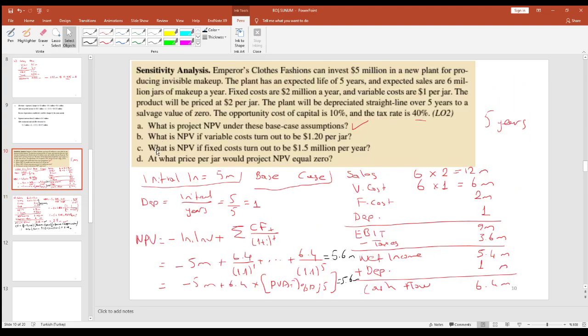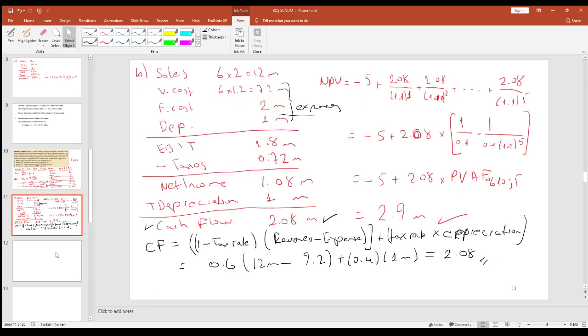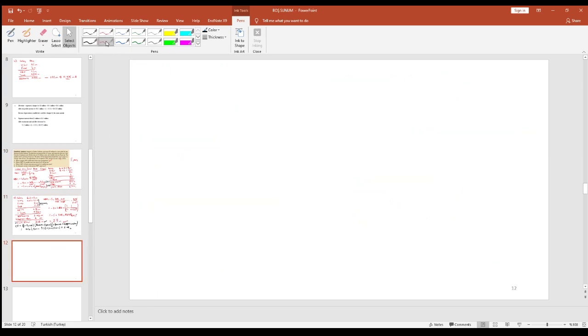Okay, we are here C. Let's solve C. What is net present value if fixed costs turn out to be 1.5 million per year? Okay, this is C. So sales, I will change fixed cost and let the other variable remain the same. So sales was 12 million.